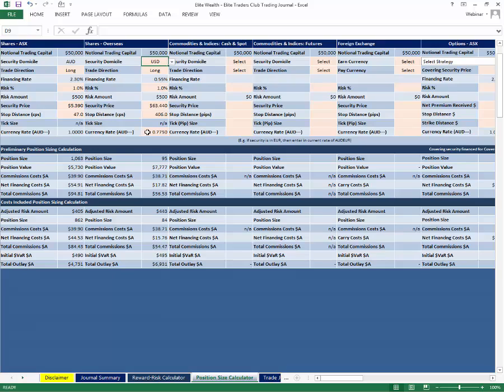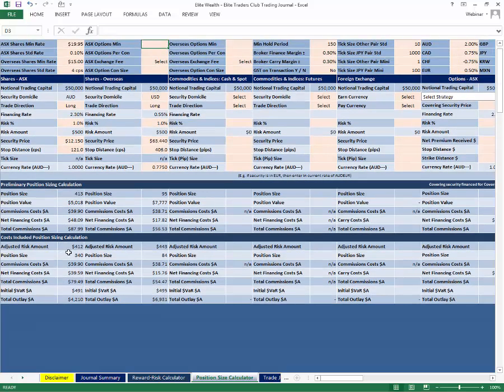The conversion rate is approximately 77.5 cents at the moment, so we just put that in there. Once we've done that, that will tell us, in this case, we'll be getting 84 shares, and our risk on this trade is $495. And when you're ready to do the next calculation, you just type in the values over these ones, and that will calculate. No need to save them.